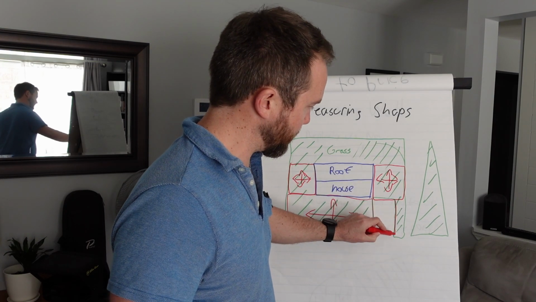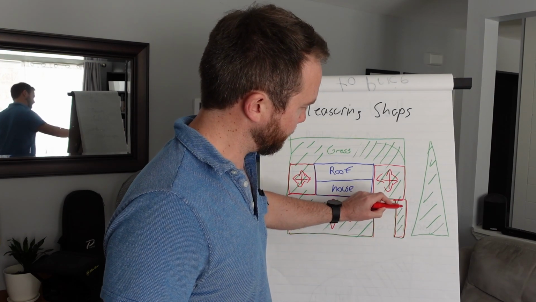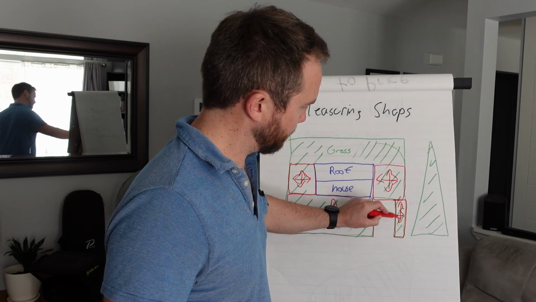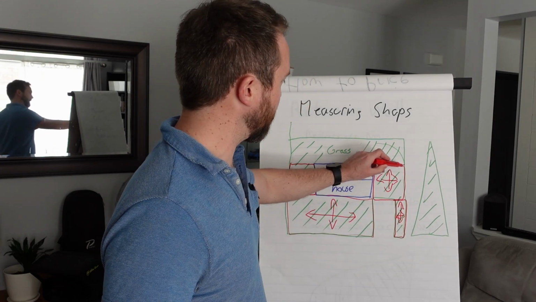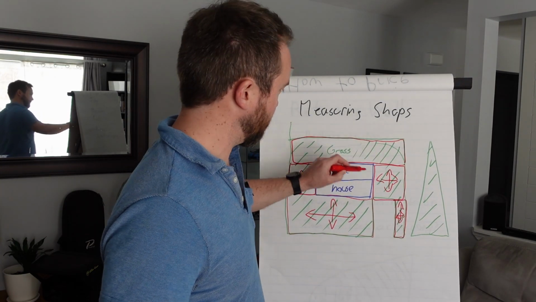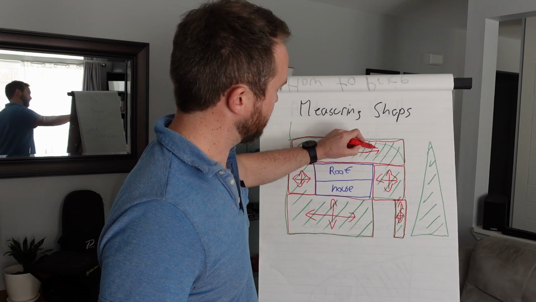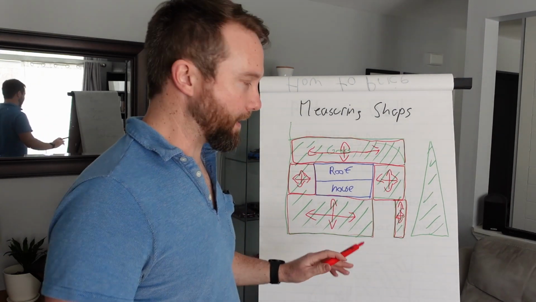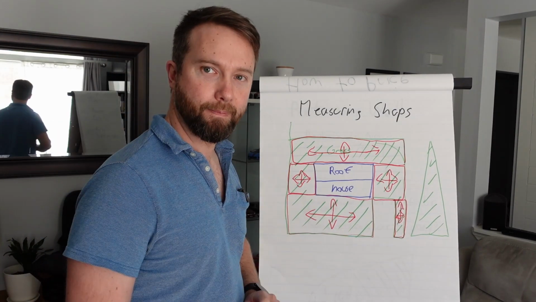And then I would measure this little patch down here. And then I would measure the back part here. So you see, it's all shapes. And you just want to measure the different shapes, and then you add it all together in the end.